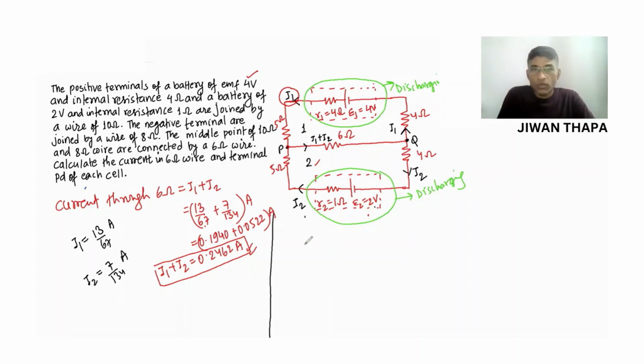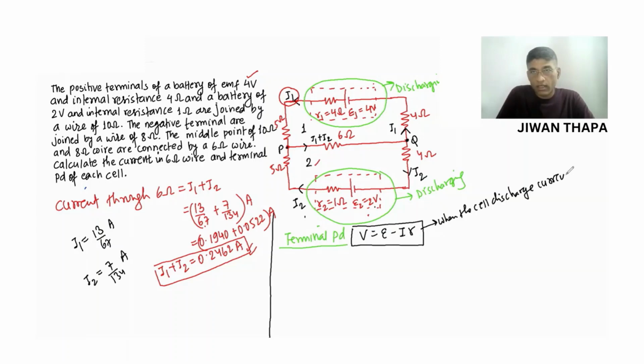So we use this condition. We know terminal PD, V equals E minus I times R. This is for the condition when the cell discharges current.